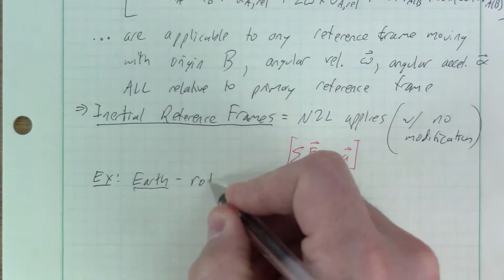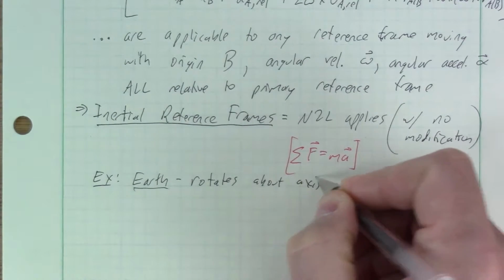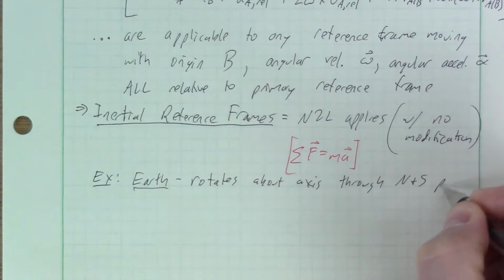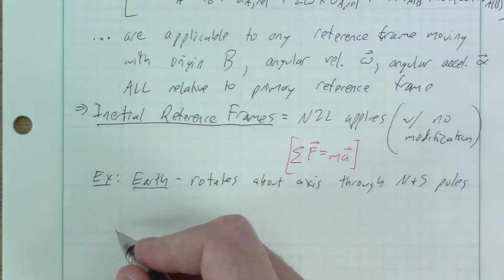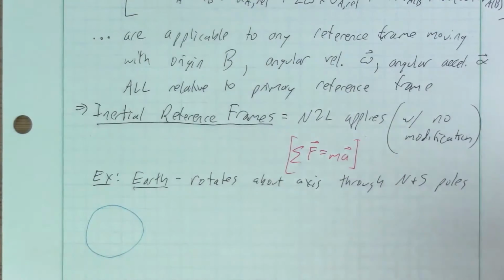Okay, so the Earth rotates about an axis through the north and south poles. And I'll draw a picture here in a second. Let's just do it now. Okay, Earth is obviously approximately spherical in nature, so I'll represent that with a circle in 2 dimensions.